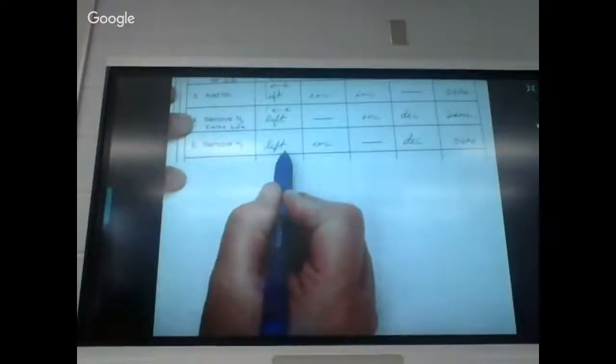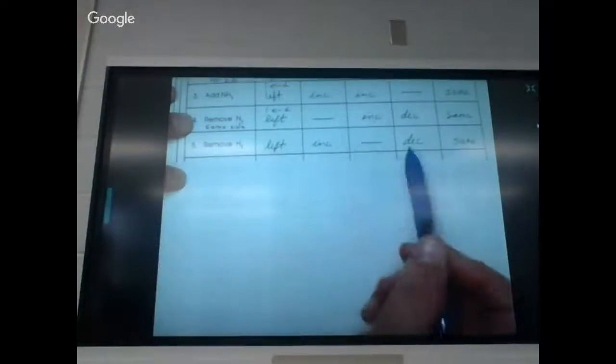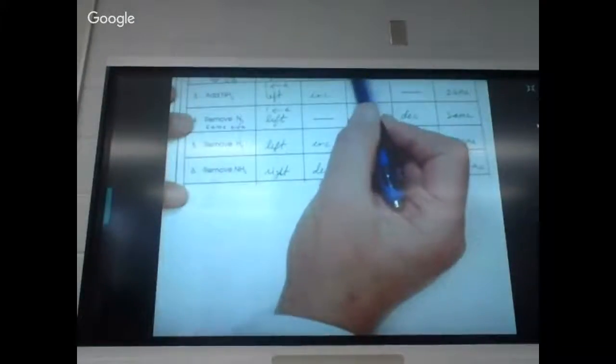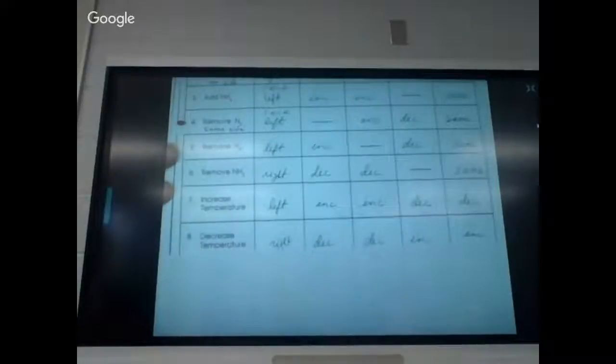All right, when we remove H2, it's going to stay on the same side. So left, increase, decrease, same. When we remove NH3, same side. NH3 is a product, so it's going to go to the right. It's going to decrease, decrease, stay the same. Number 7 we did together.